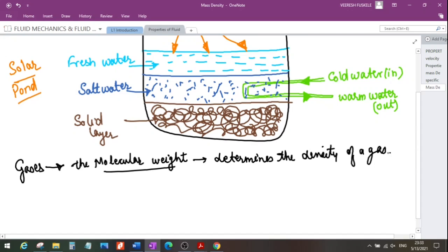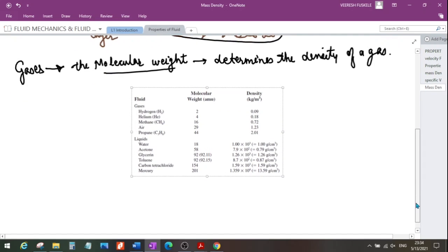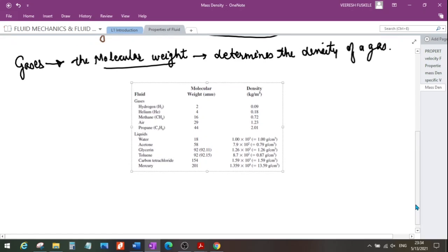And this can be easily shown by this table here, in which you can see that as the molecular weight is increasing, the density is also increasing from hydrogen to propane, right? So the density of the gas is basically directly proportional to its molecular weight, right? So this is what I wanted to discuss.